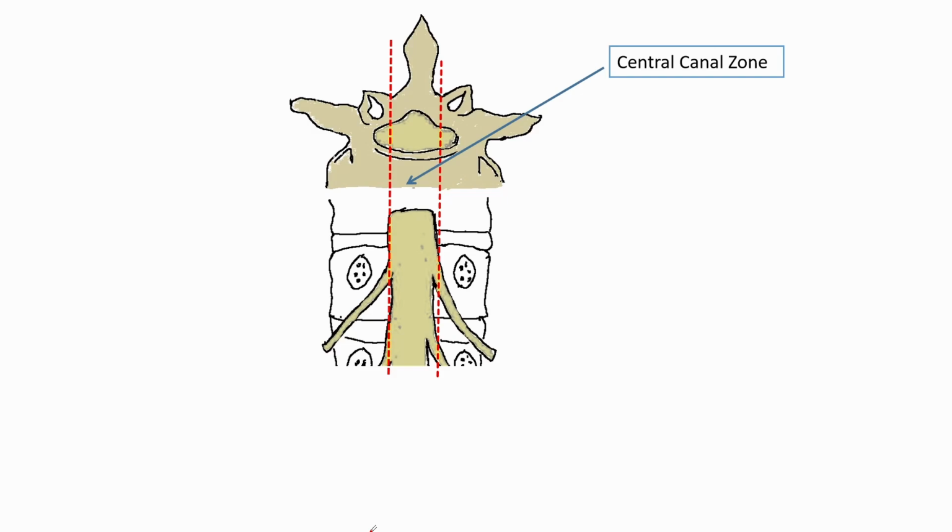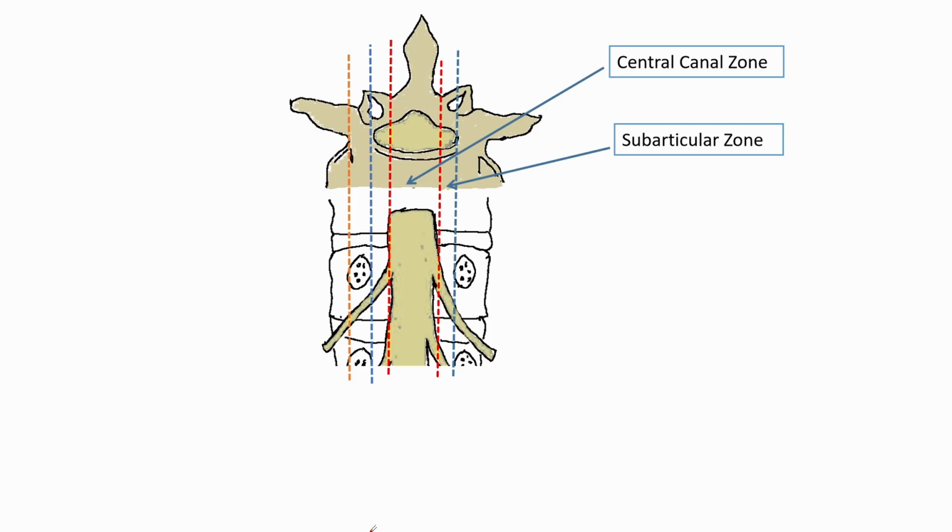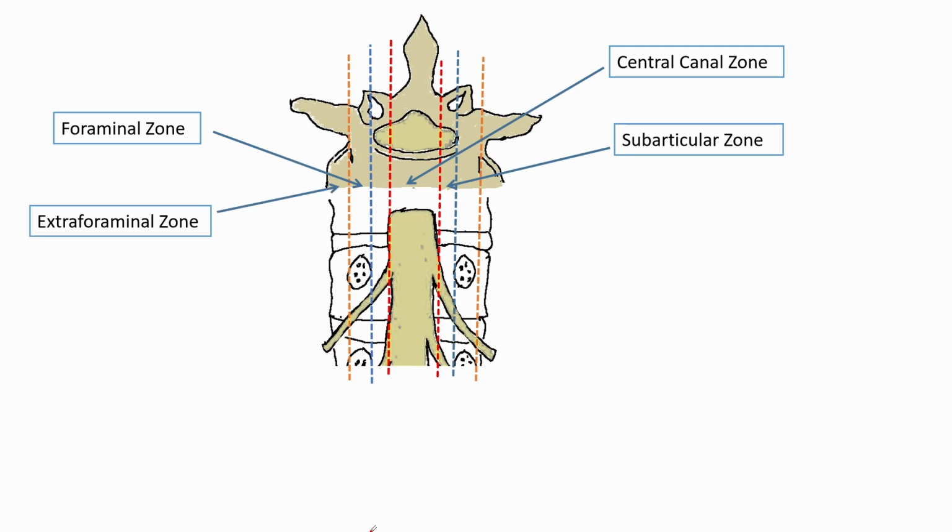This zone is known as the central canal zone. The next zone is from the medial border of the articular facet to the medial border of the pedicle and is known as the subarticular zone. The next zone is between the medial border of the pedicle and the lateral border of the pedicle and is known as the foraminal zone, and lateral to it is the extraforaminal zone.